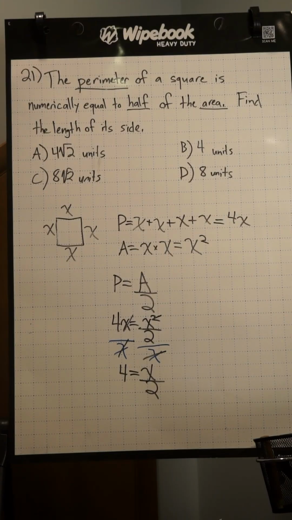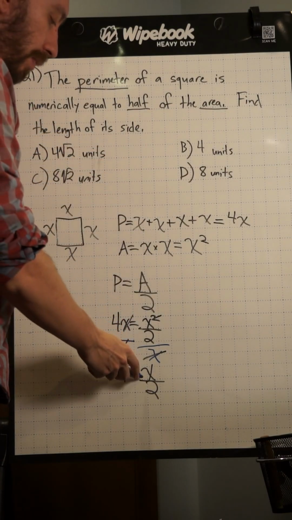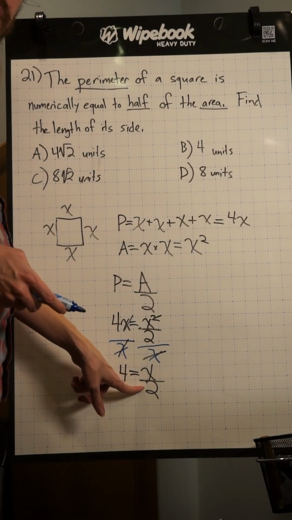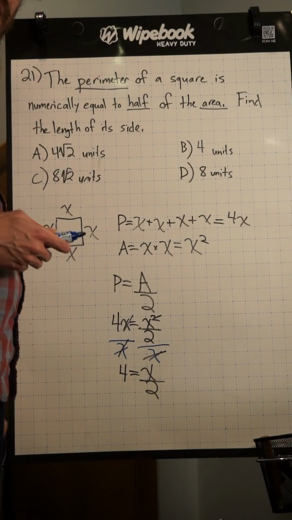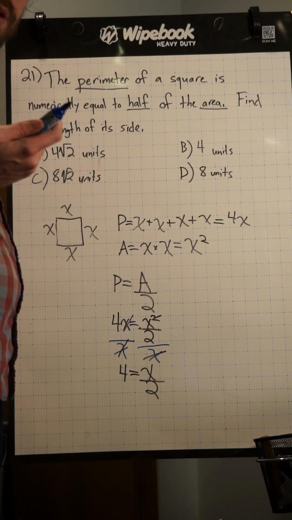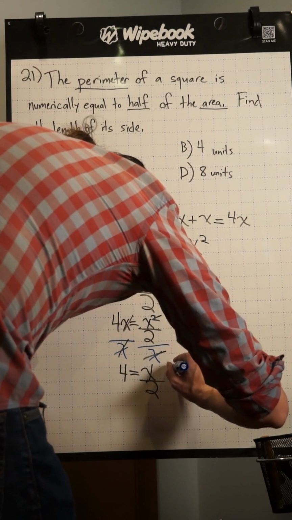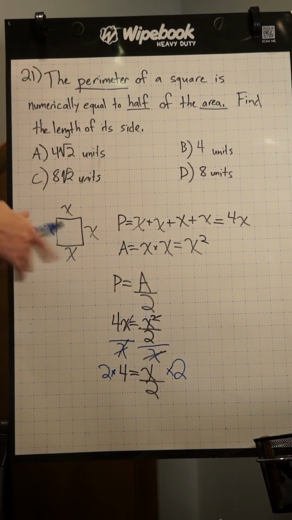Okay, so now for the final one, to simplify it, we have x divided by 2. We want to transpose the 2 to the other side, so we think, what is the opposite of divide by 2? The opposite of divide by 2 is times 2. So on the right side, we're going to say times 2. On the left side, we're going to say times 2.